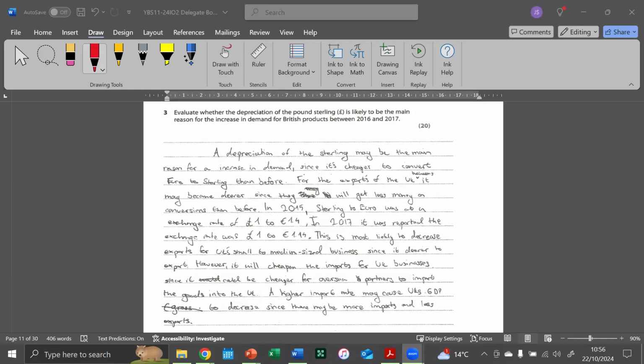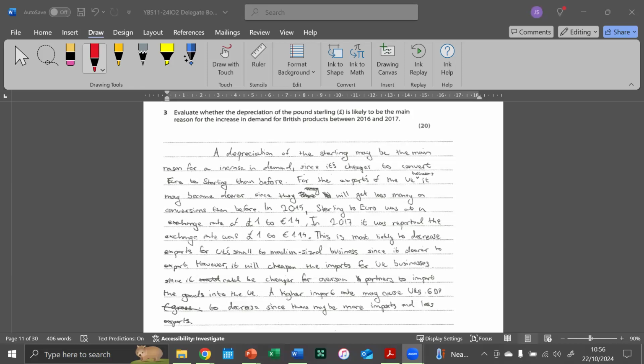Is there something I can do with that? Because a lot of students will just say there's been a depreciation and they will go off into automatic mode and do a well-rehearsed answer that is generic and has got nothing to do with the question.